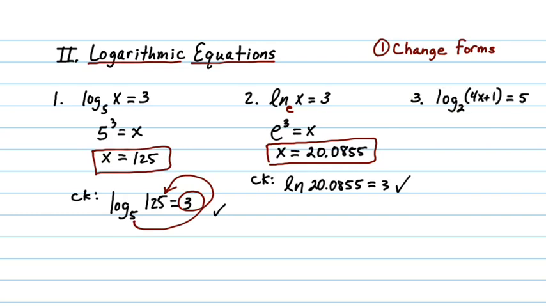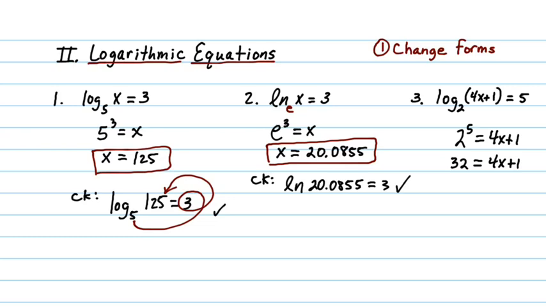Log base 2 of 4x plus 1 equals 5. It's really just more of the same, but it's not one of our special cases. This is a base 2 log. So again, we'll switch forms, and when you do that, you get 2 to the 5th power is 4x plus 1, but 2 to the 5th power is 32.